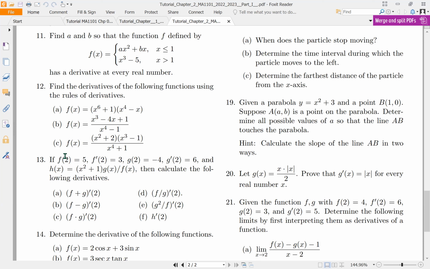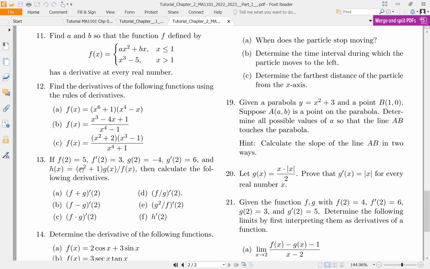You are given the value of the function and the value of its derivative at the same point, and also the value of another function at the same point, as well as its derivative, for example.